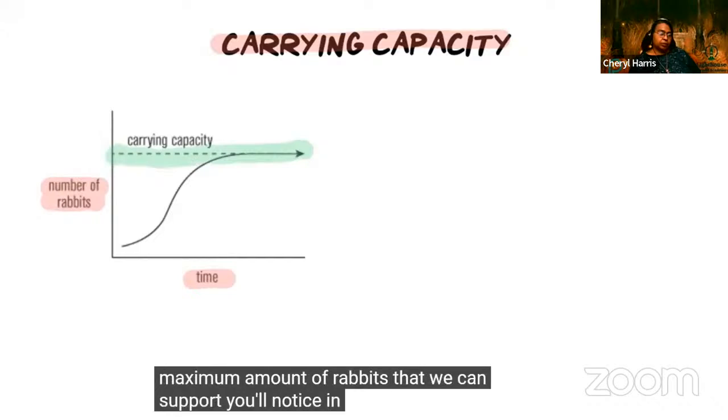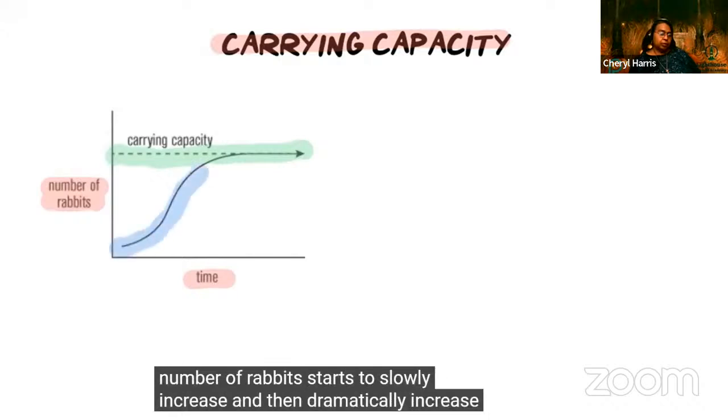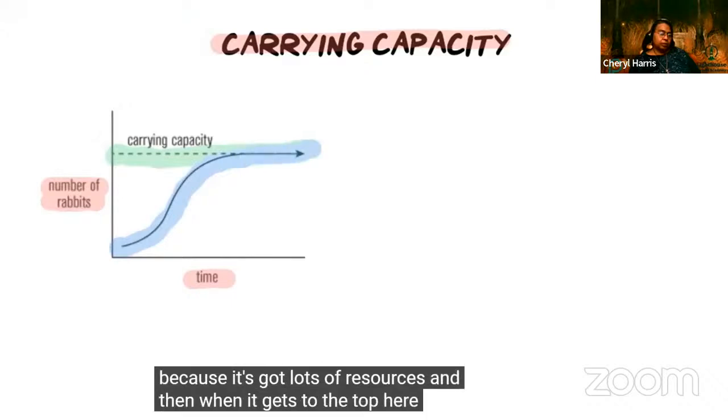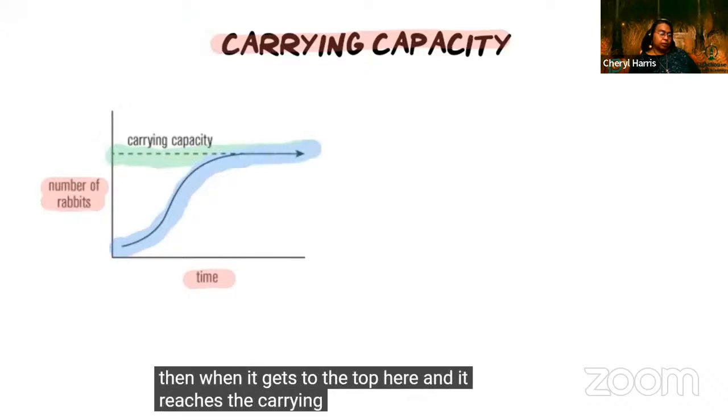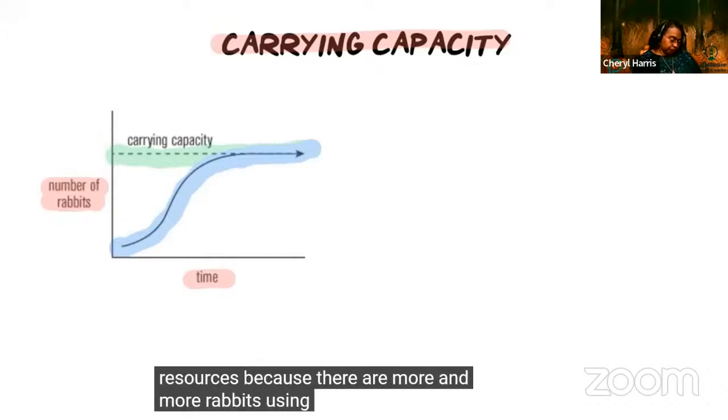You'll notice in this graph, the number of rabbits starts to slowly increase and then dramatically increase because it's got lots of resources. And then when it reaches the carrying capacity, it levels out, it flattens out. And that's because there are fewer and fewer resources, because there are more and more rabbits using those resources.